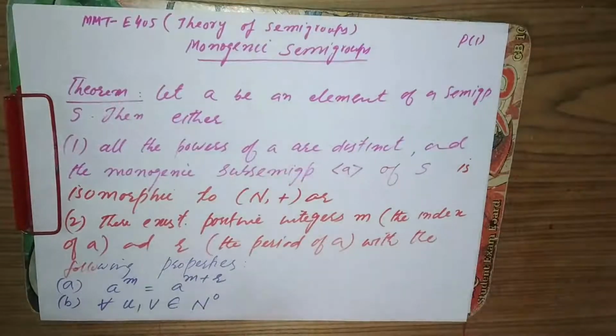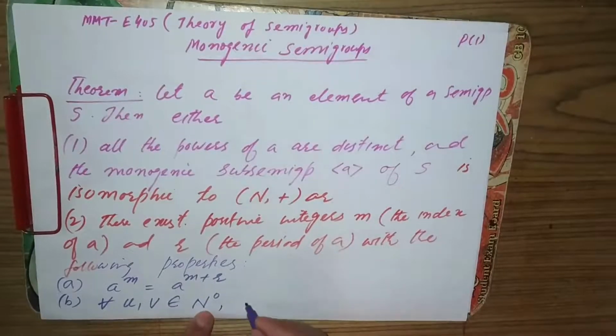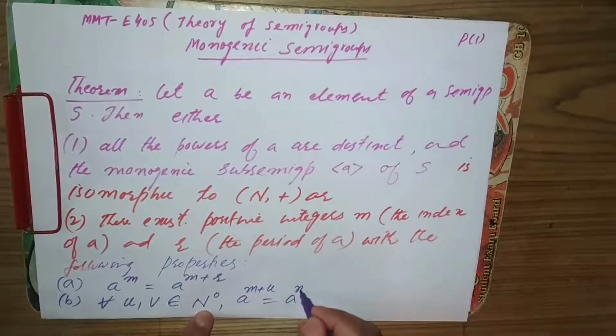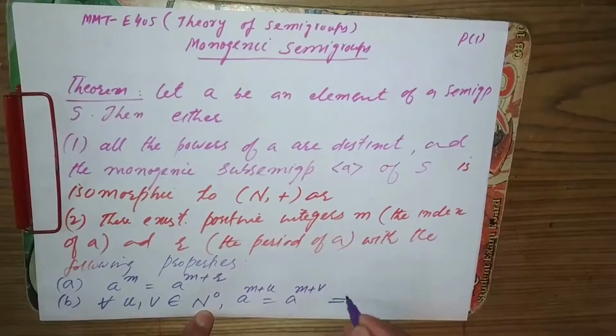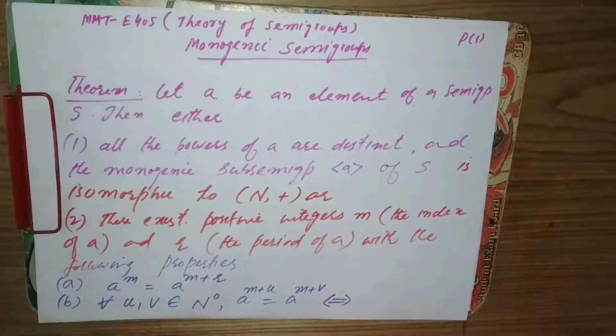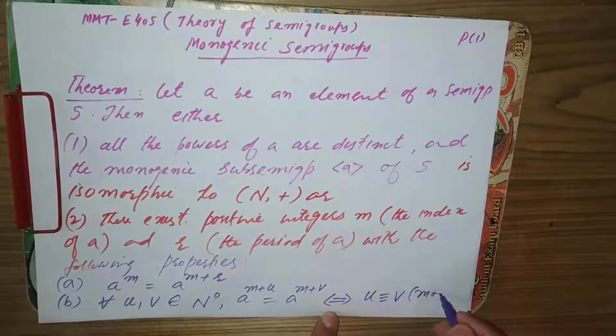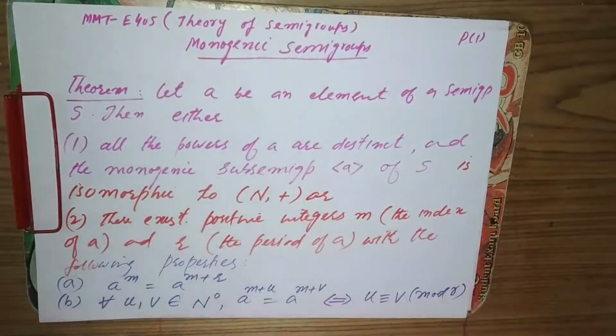So u, v belongs to N0, then a power m plus u is equal to a power m plus v if and only if u is congruent to v mod r. That's the second property.